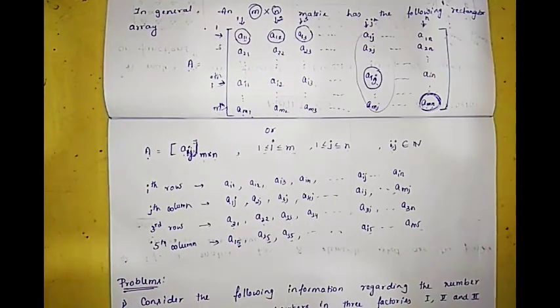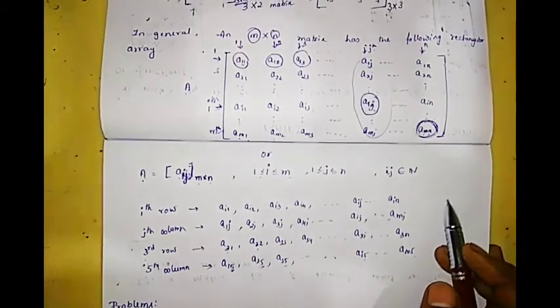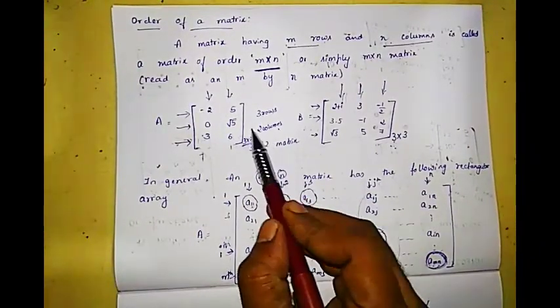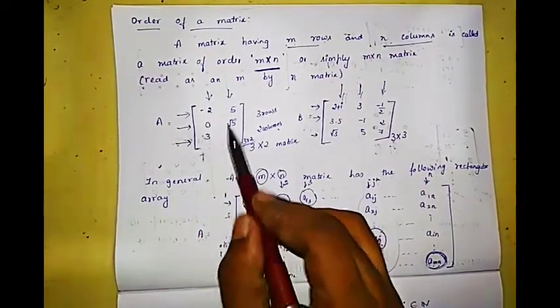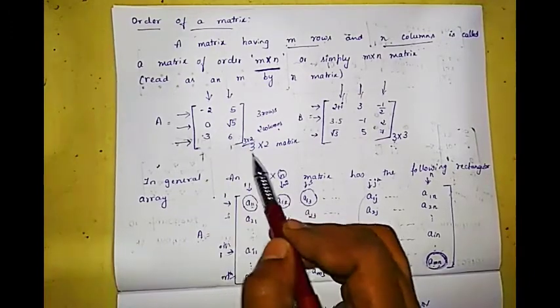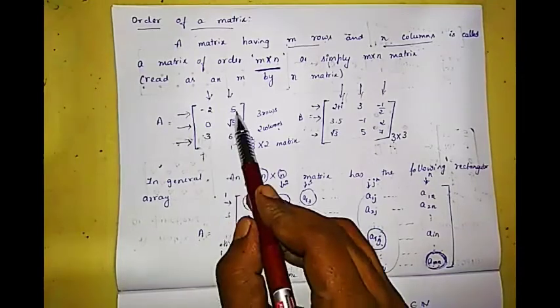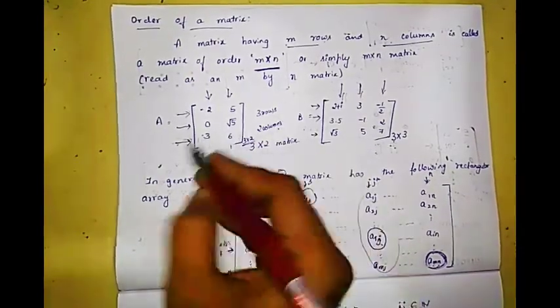Okay. Let us take one more thing here. In the above example that we already discussed, look here. We have 3 rows, 2 columns, right? Now count the elements inside this: 1, 2, 3, 4, 5, 6.